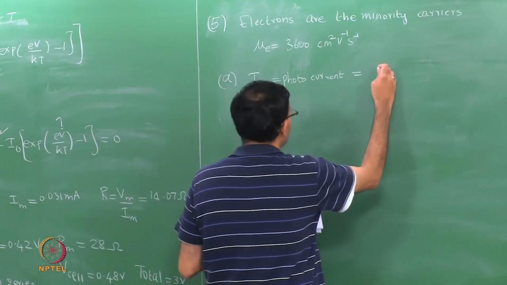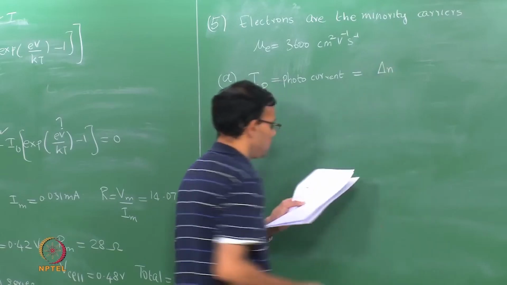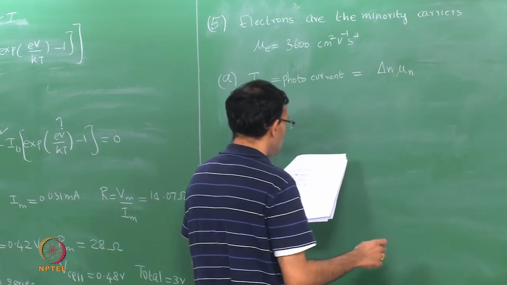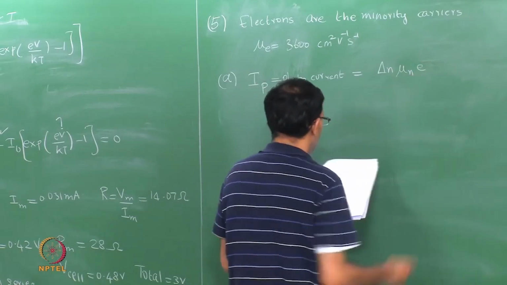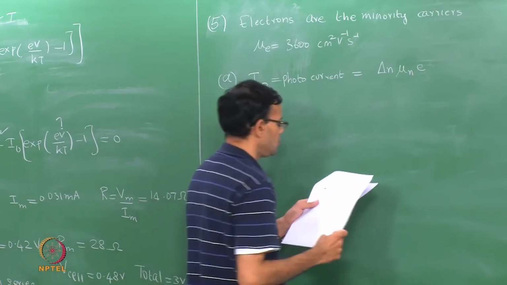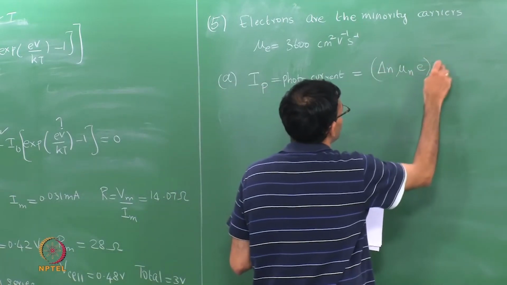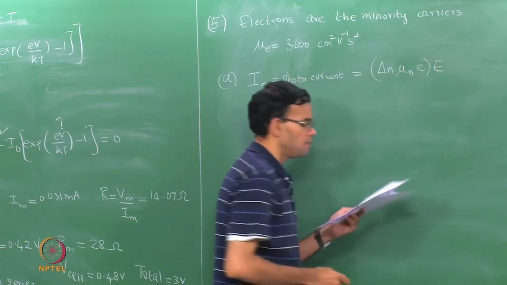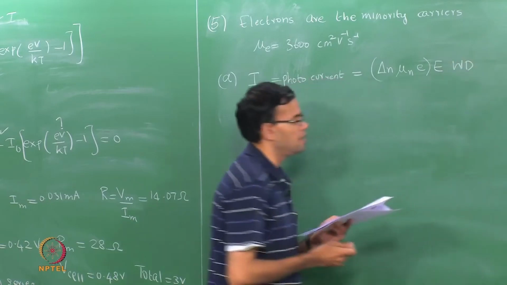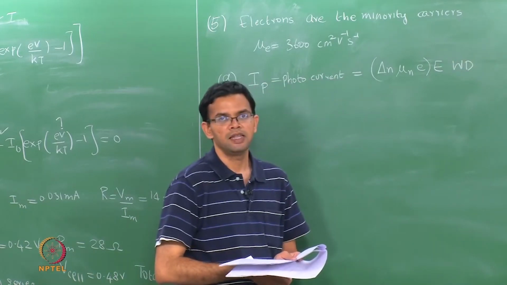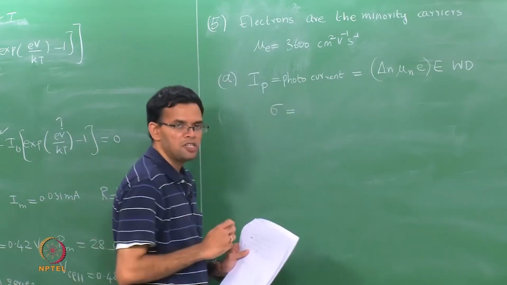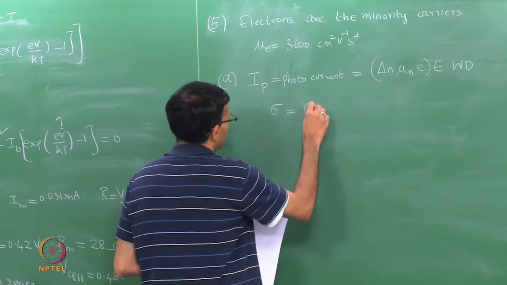So, this is equal to delta n, the excess electrons, times the mobility, times the electric charge e of the electron, times an electric field E that is applied across the material, and since it is the current we have to multiply by the area.